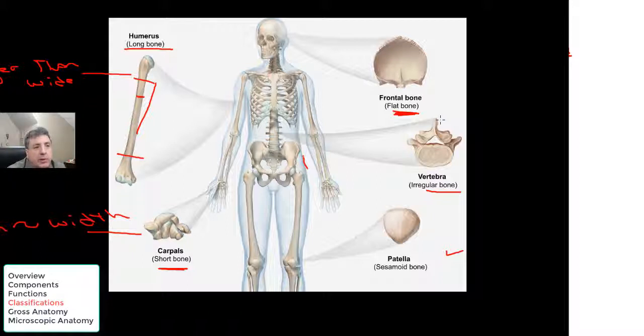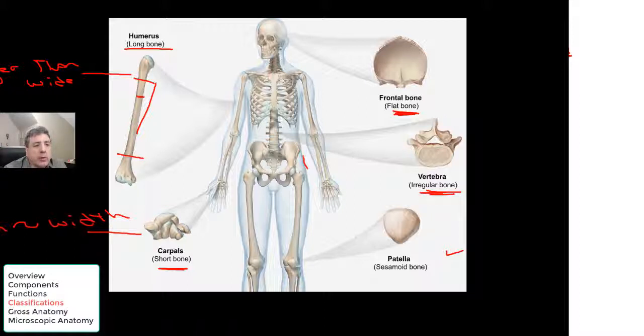Flat bones may be slightly curved. If we're looking at a piece of paper, it's nice and flat, and you don't really have a bone that's perfectly flat like this, but it has a flat surface. Flat bones in the body can have a slight curvature to them, and that's going to be found in areas like the skull.